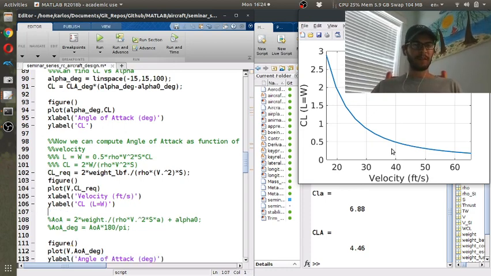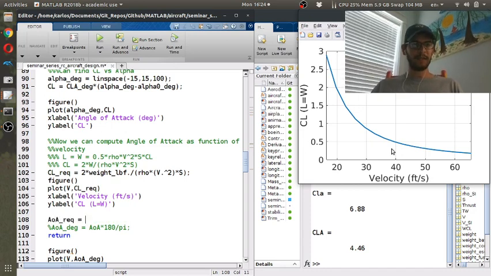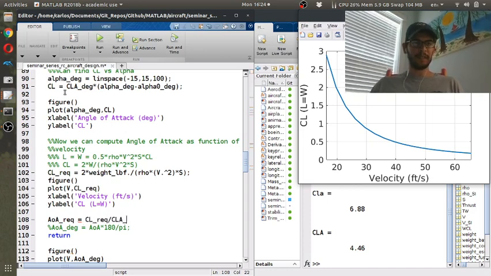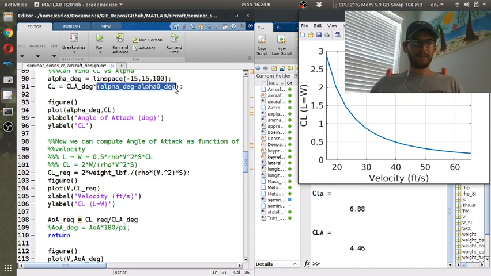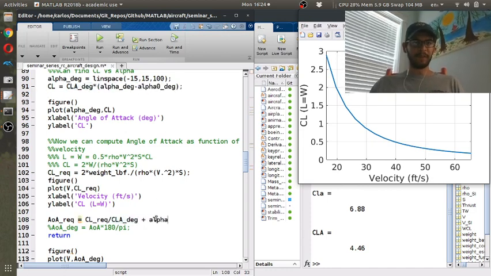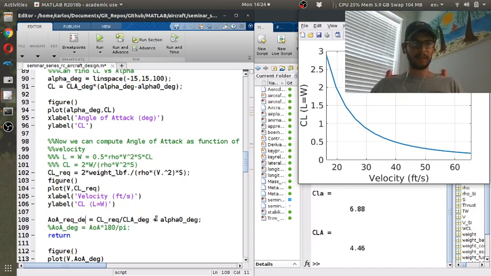So now once we have the lift coefficient, let's compute the angle of attack. So the angle of attack required is, if you remember from this equation, you just take your CL required divided by your CLA degree, and that will give you alpha minus alpha 0. So then you just need to add on alpha 0 degree, and alpha required, I'm just going to do degree.